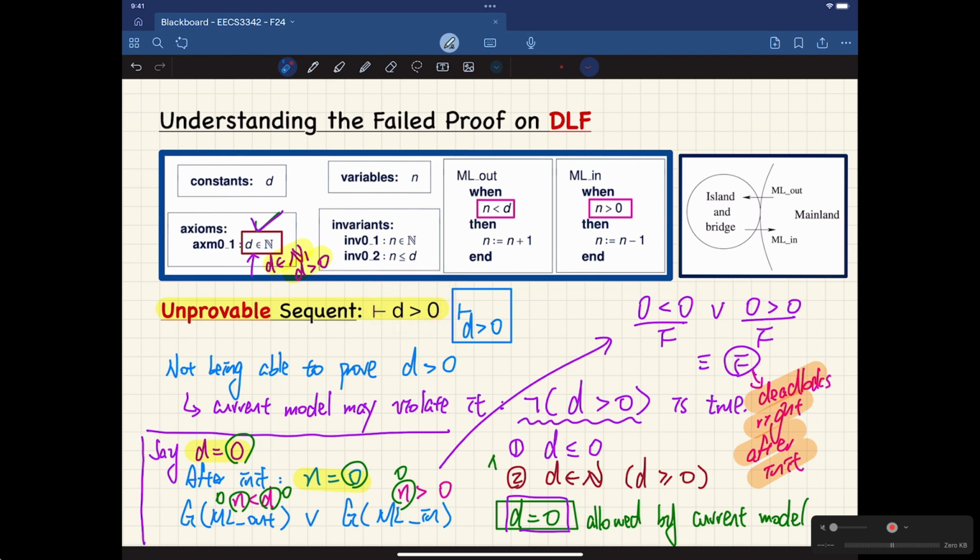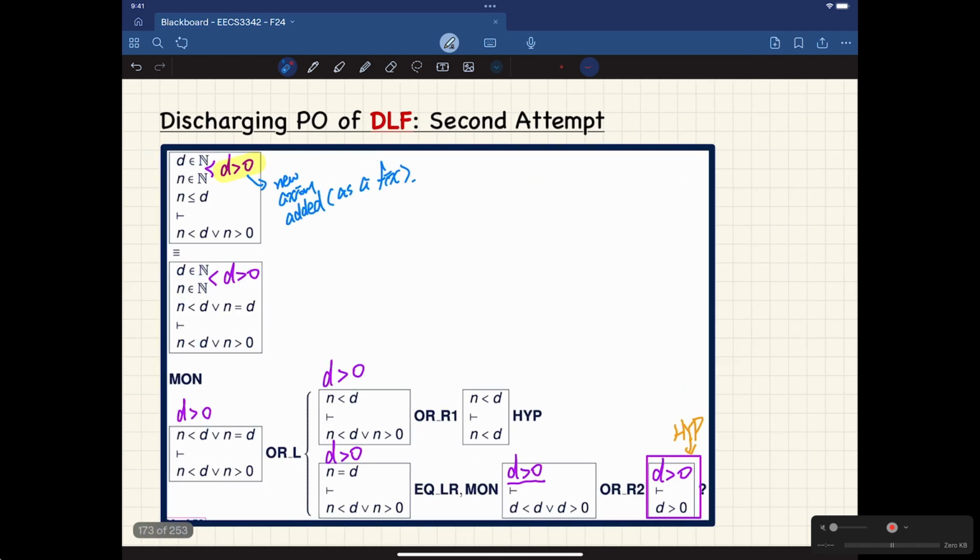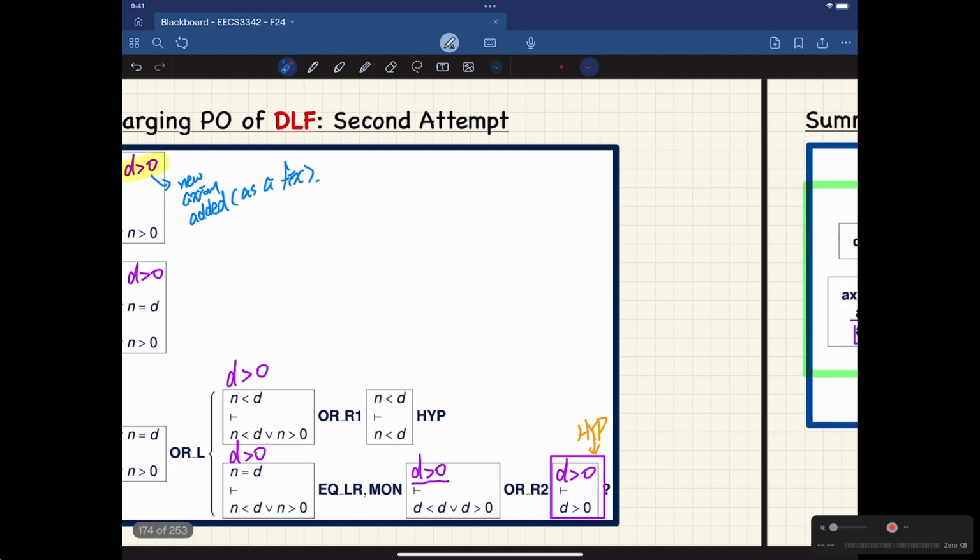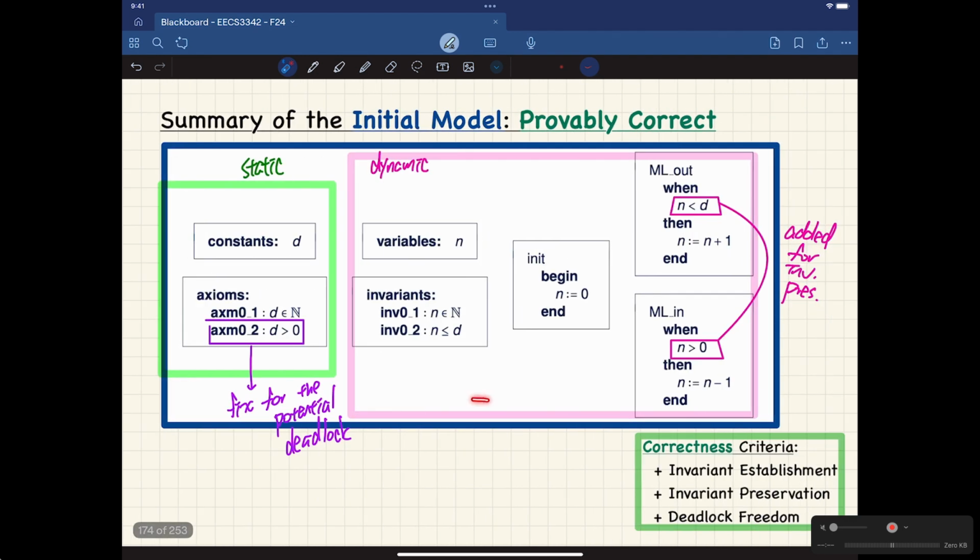And we found that the unfixed model actually allows a particular condition where the maximum number of cards will be equal to 0, which is going to cause deadlock for both events. Right? You can really look into how the deadlock is going to occur. And then we fix the model, and we discharge all the proof obligations that are to do with deadlock freedom. And that will be the initial model summary.